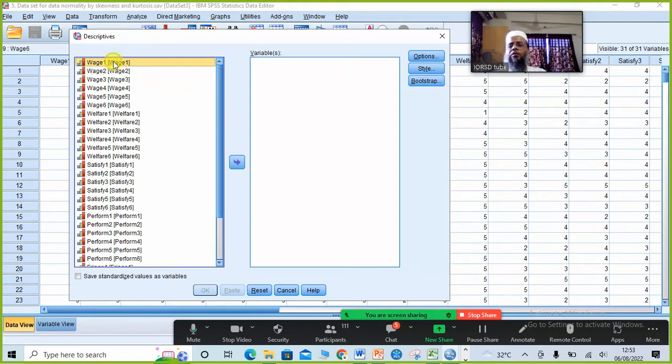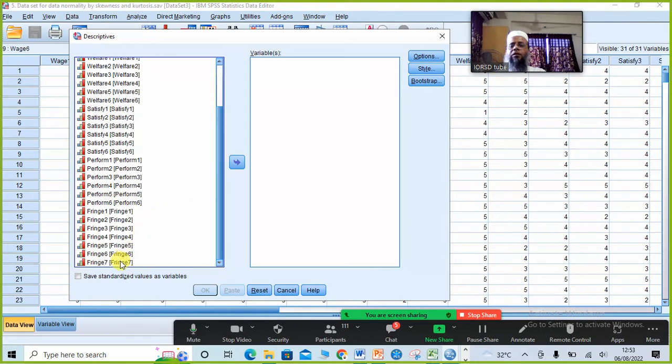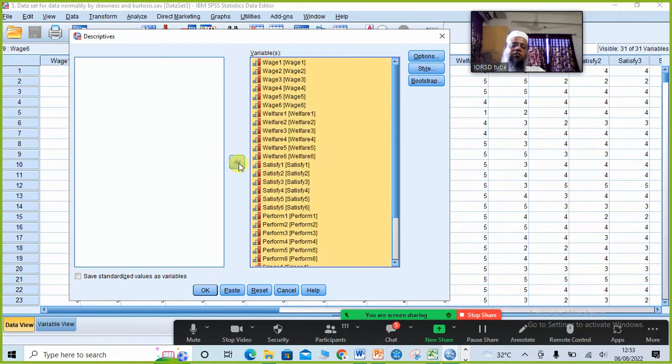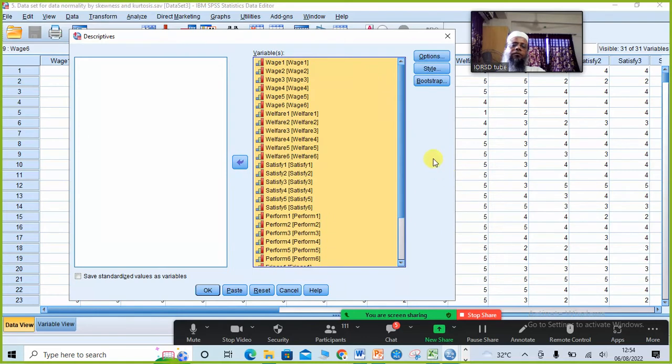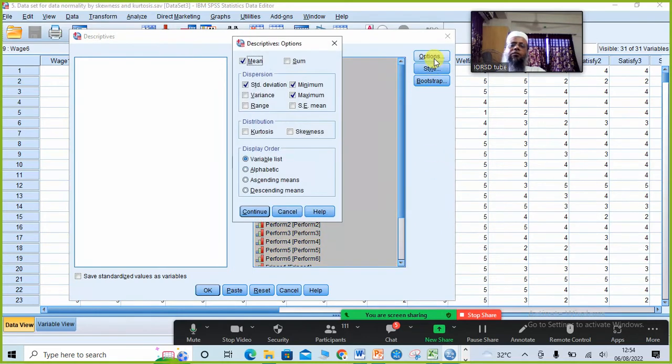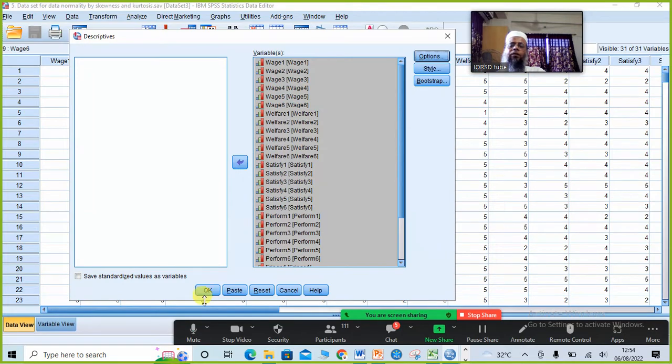Click on OS1, press the Shift button and click the last one, and all will be selected together. Then take it to the right side. Are you following, sister? Yes, Dr. Okay, then go to Options, then select kurtosis and skewness. Then continue, then OK.